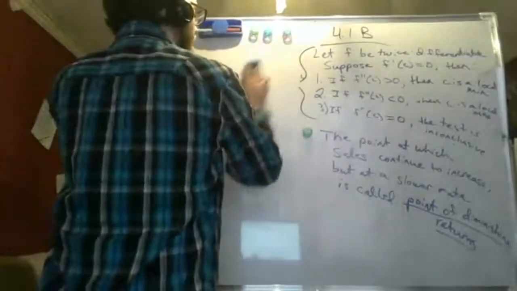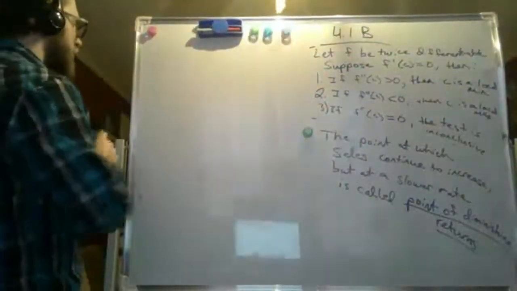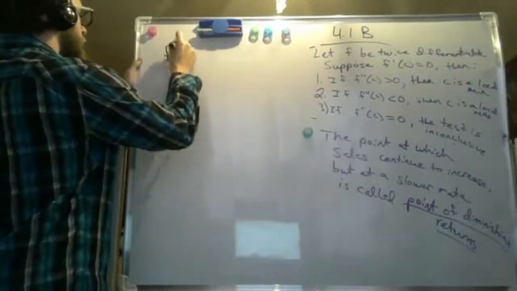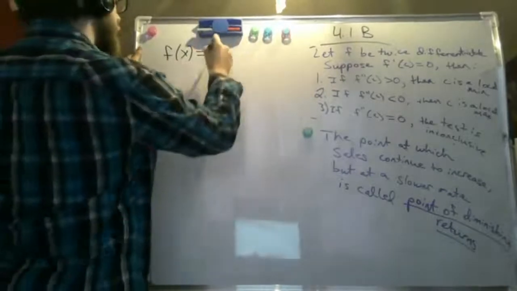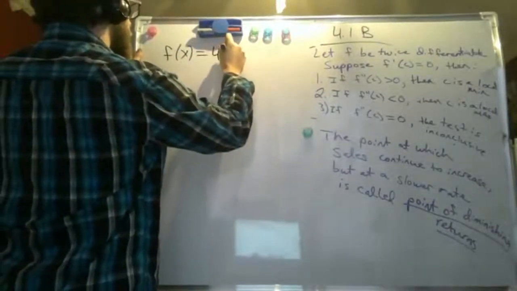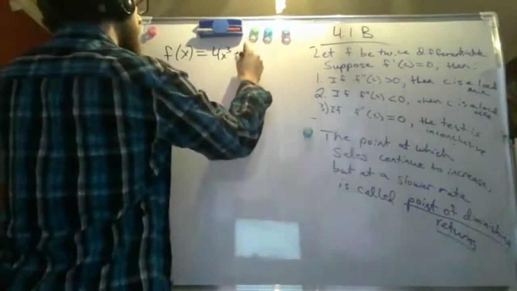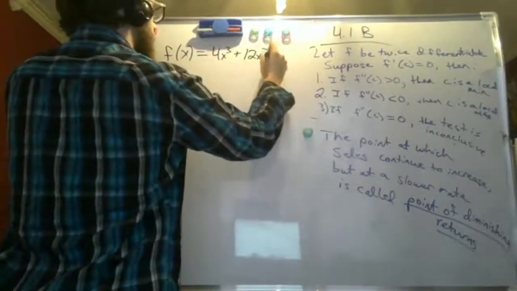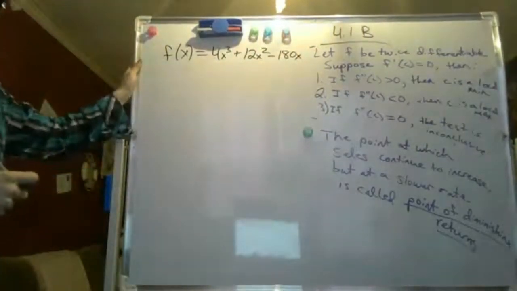Suppose, and I'll leave the second derivative test up here because we're going to use that, suppose f of x is equal to 4x cubed plus 12x squared minus 180x.